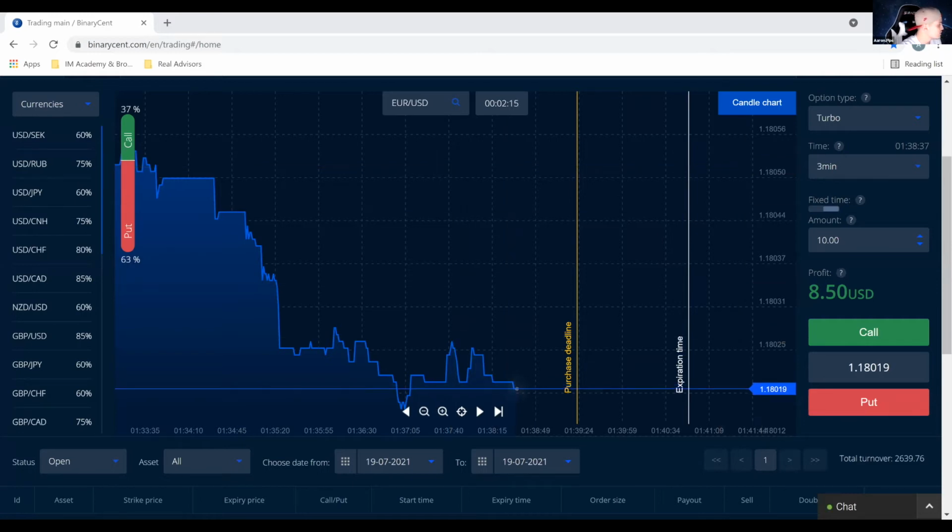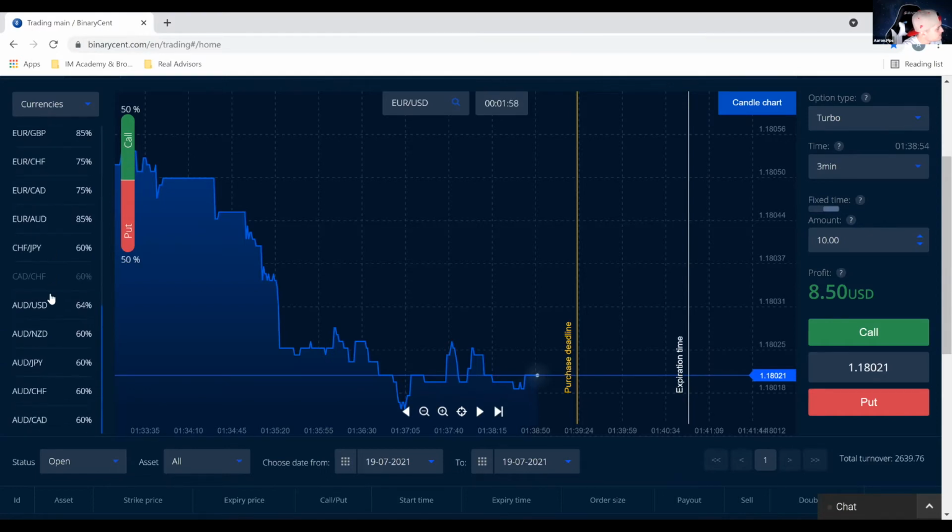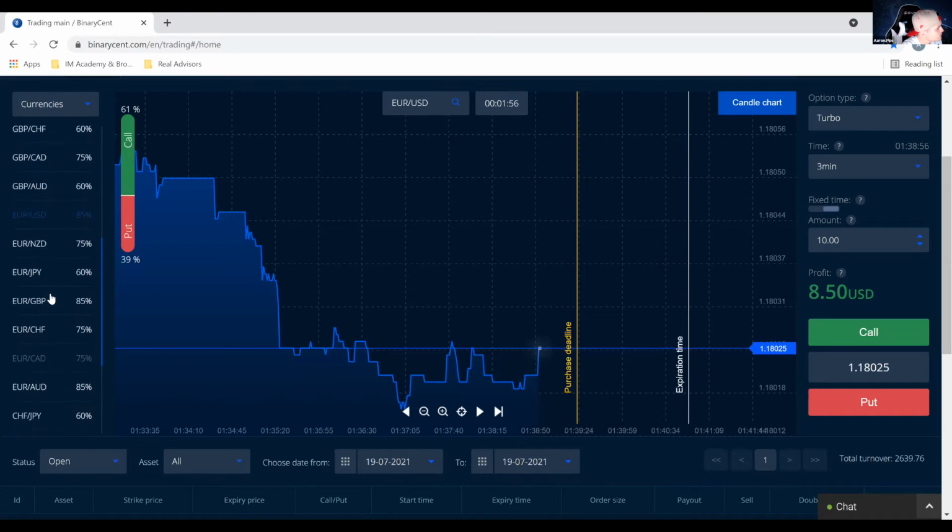So now we're going to bring out our calculator, and we're going to pretty much just calculate this, okay? But before I bring it out, remember, we've got to look for 70% pairs to the left where it says currencies. So let's look for 70% pairs. Doesn't look like there's 70% pairs tonight.